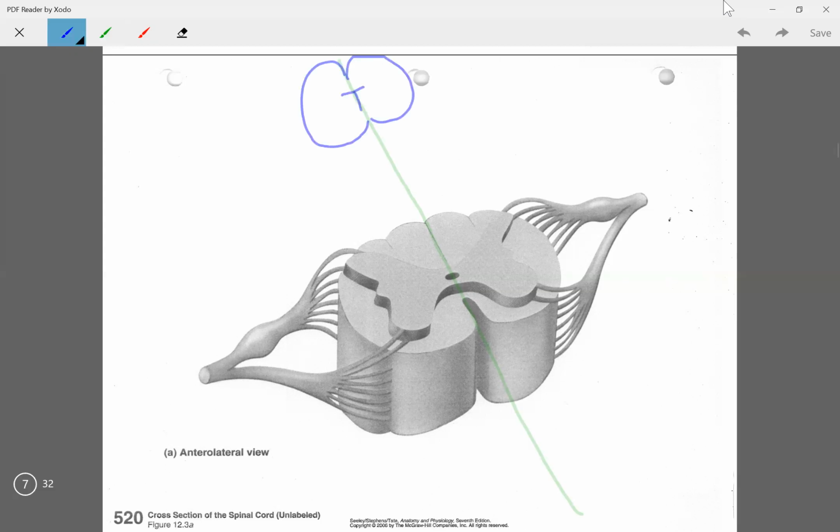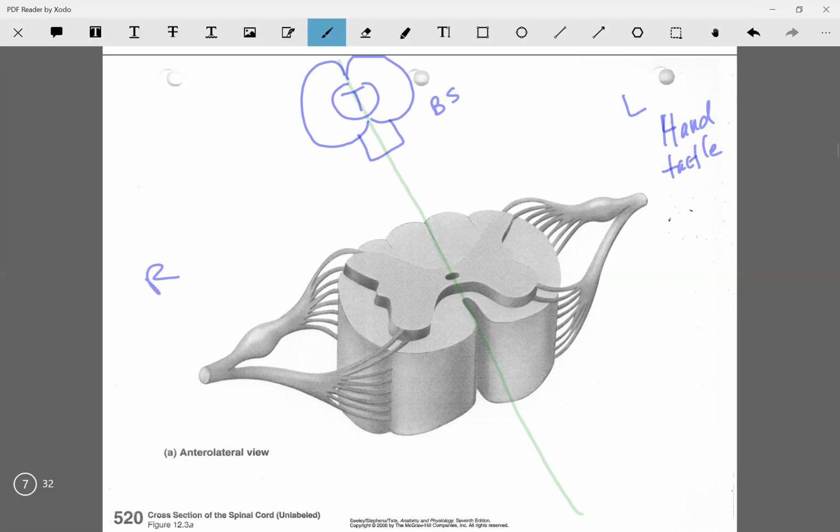There's the thalamus. There's the brainstem. Right side of the person, left side of the person. This is the left hand, tactile. All right, so we have the FG and FC.